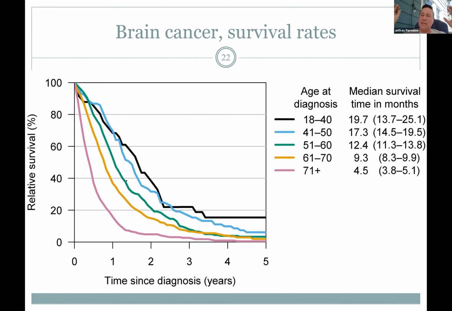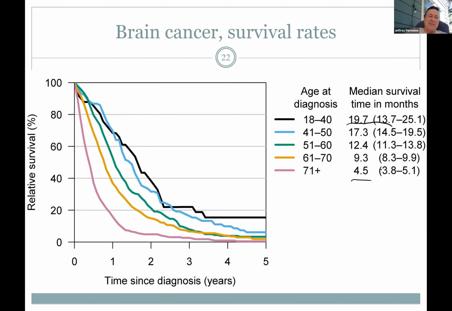In hospitals, we record data. The more patients we have, the more accurate we can give you a range of how long you're going to live. So you can see survival, the median, which is that middle number, is about a couple of years if you're young. If you're over 70, it's less than 6 months.